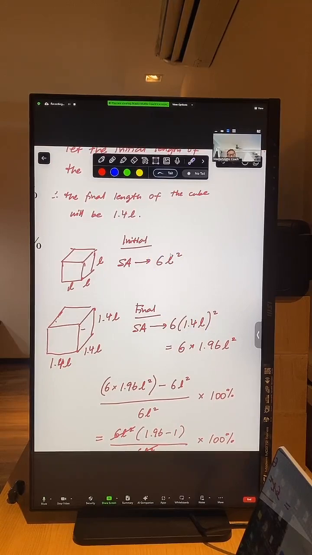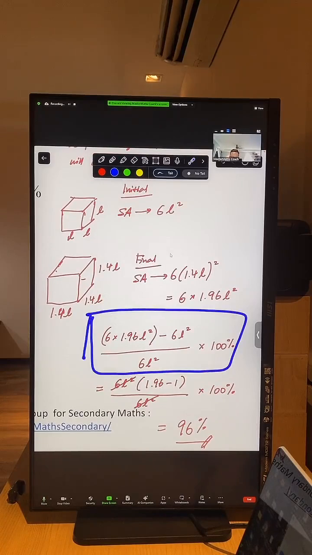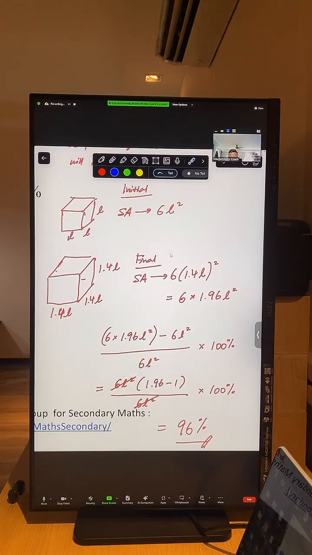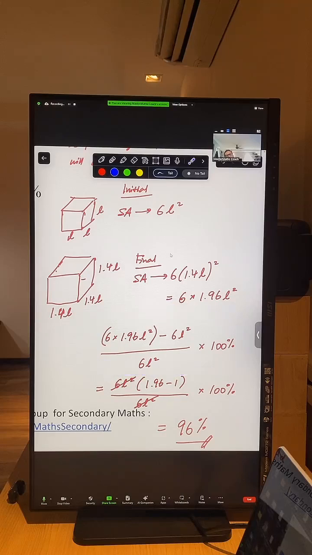Then the next thing you need to do is memorize this percentage formula here: final value minus original value over original value times 100%. The formula might look a bit intimidating, but actually it's quite simple. After that, it's just your manipulation until you can get this.